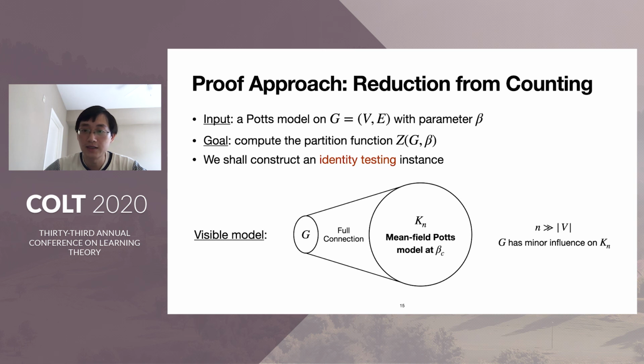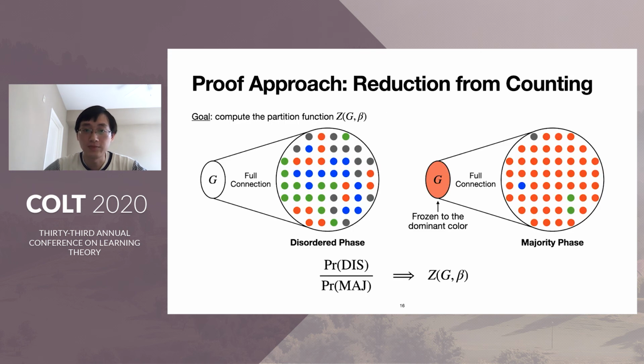And we will make this mean field sufficiently large so that the graph G will have only a minor influence, some lower order influence, on the mean field. That is the visible model. So if your mean field is sufficiently large, the whole visible model behaves just like the mean field. So you will still see the disorder phase and also the majority phase.